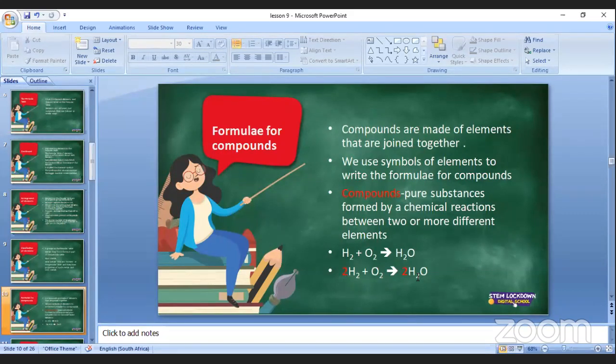So now what do we do? Remember that hydrogen and oxygen are diatomic molecules. That's why we've got the subscript 2 here. But remember that water is formed by 2 hydrogen atoms bonded together with 1 oxygen. Yes, sir. So the red 2 that you want to know about, we add the atoms.